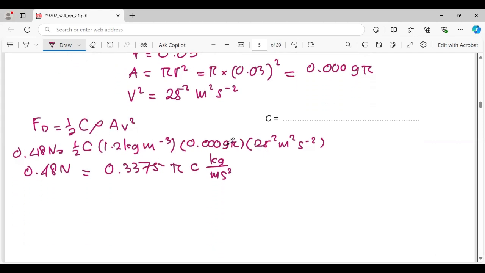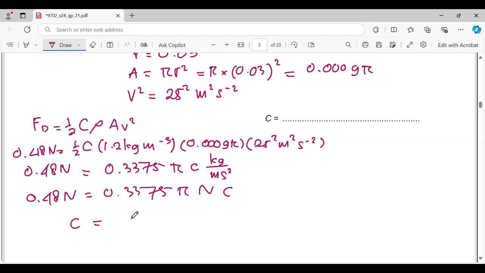Kilogram per meter second squared is Newton. So we can write 0.3375 pi C Newton.